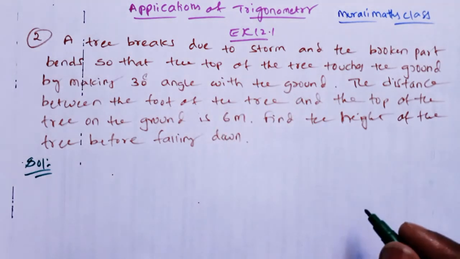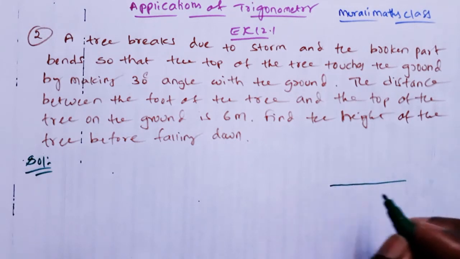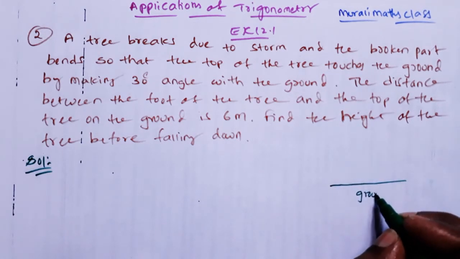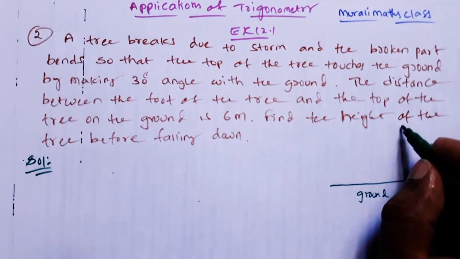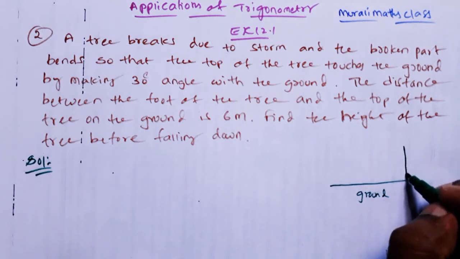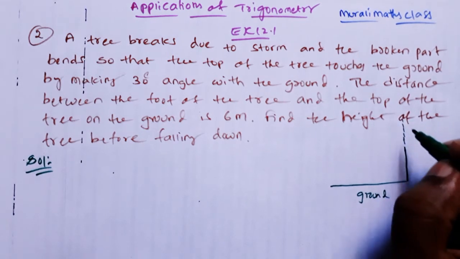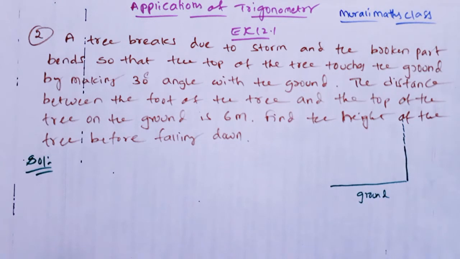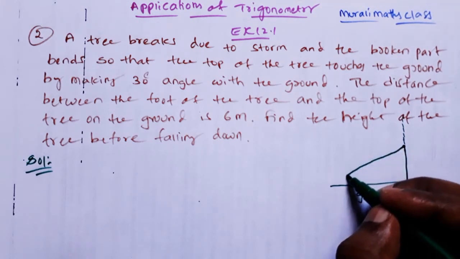So observe here. This is the ground. One tree is there like this. Up to here the tree is there, but at this point it is breaking and falling down like this.